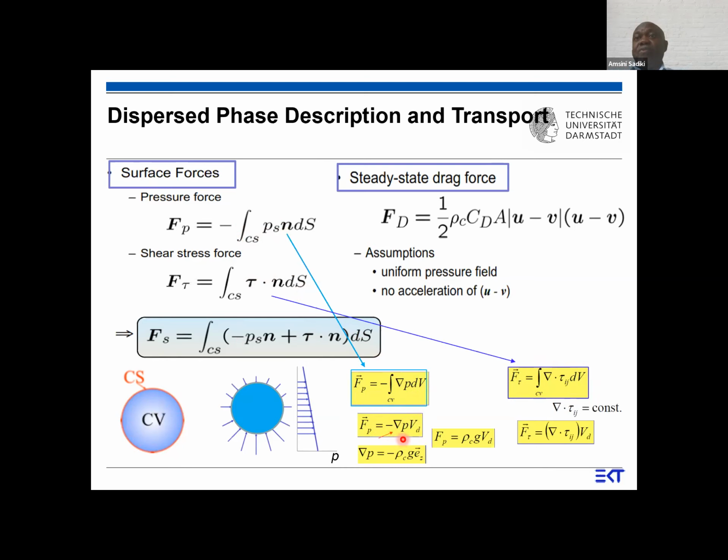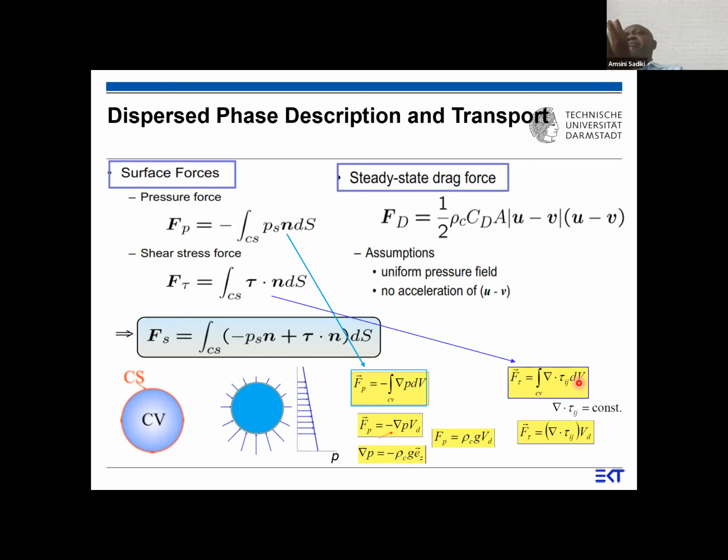And if we deal with the gravitation force, then this can be related to this. In this case, we can also write down this expression in this way if we assume that the volume is constant.